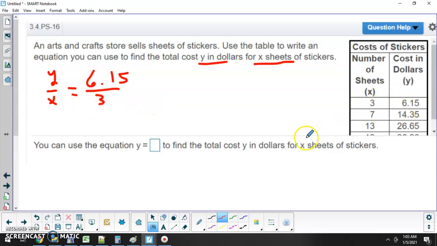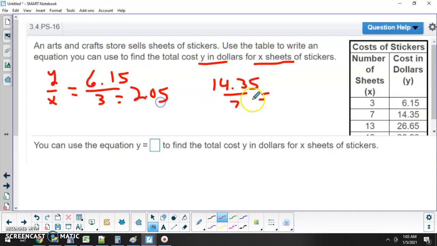So you take 6.15 divided by 3, and you take 14.35 divided by 7, and you should technically do that for all the values to make sure you get the same k value, but they're kind of cluing you in that it is proportional by the way that they're having you fill in your stuff here.